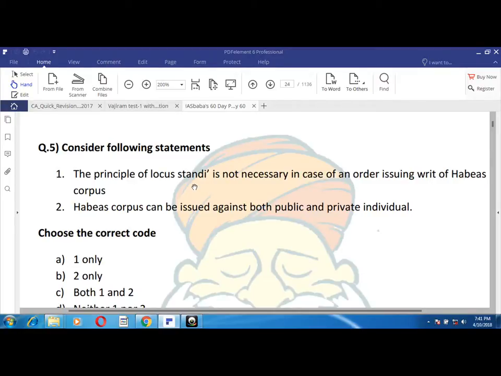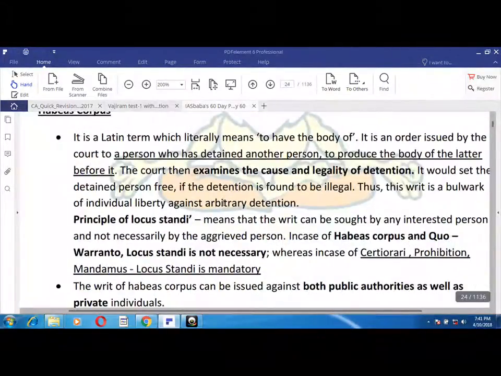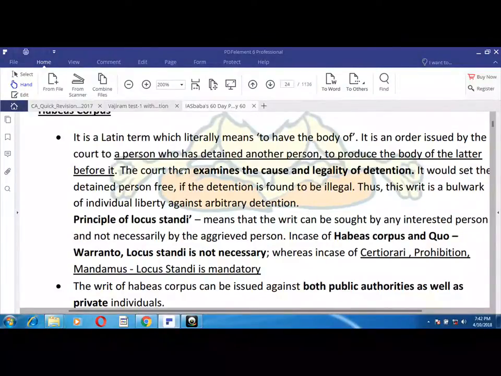The principle of locus standi is not necessary in case of a writ of habeas corpus. Habeas corpus can be issued against both public and private individuals. The Latin term literally means 'to have the body of'. It is an order issued by the court to a person who has detained another person to produce the body of the latter before it. The court then examines the cause and legality of detention.